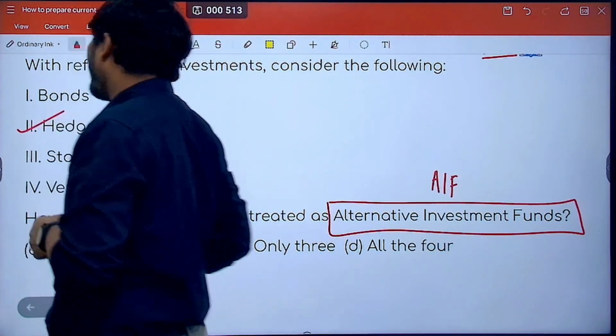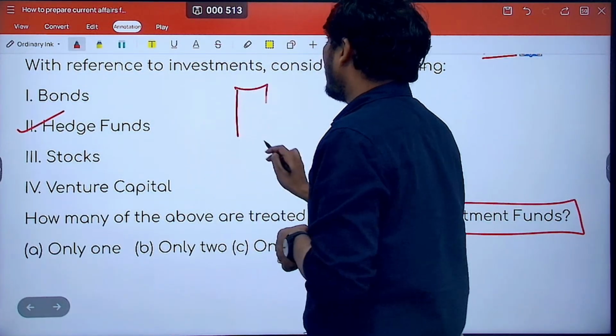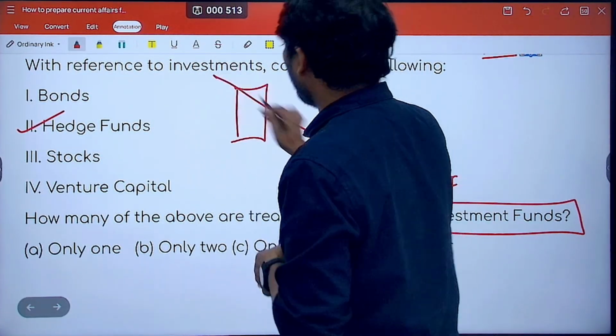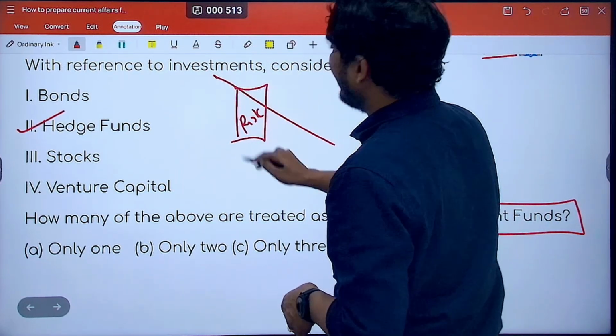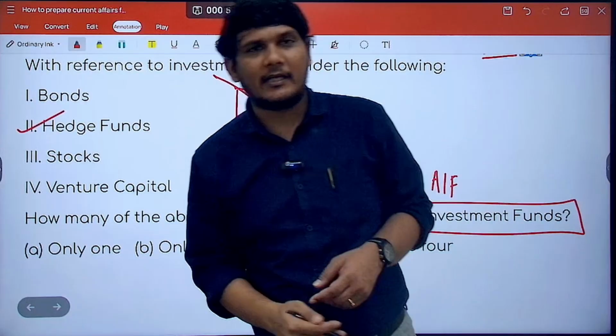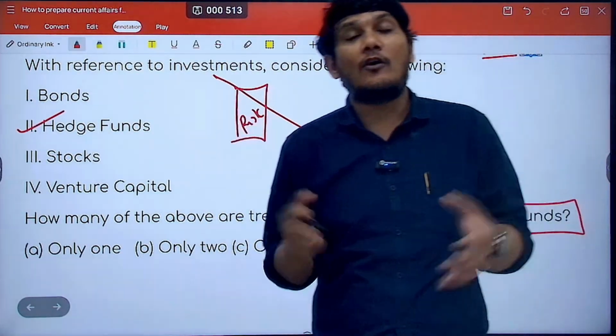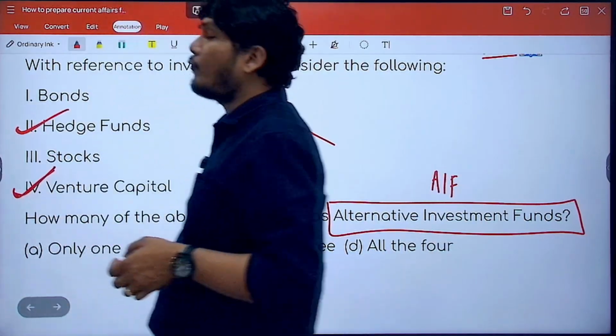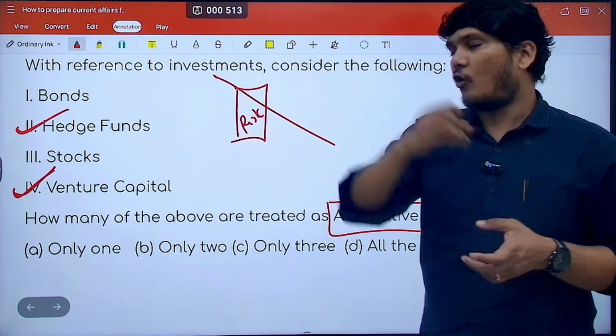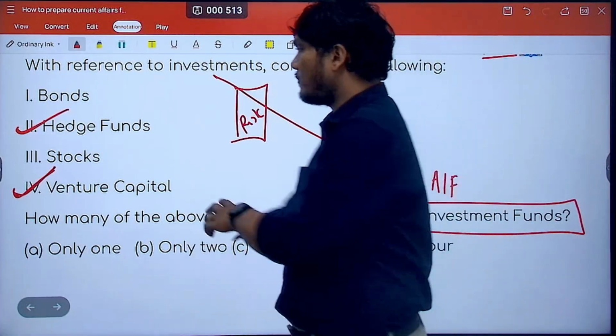Hedge funds, for example: a hedge means you cut it. Hedge funds lower or cut the risk, so buying and selling of risk takes place. Venture capital is used for startups and is an alternate investment fund. The correct answer here is 2 only.